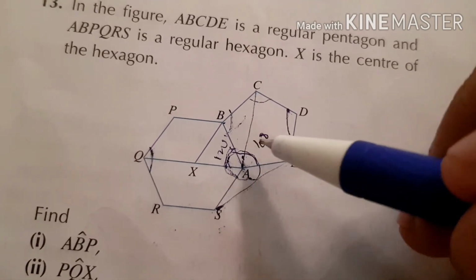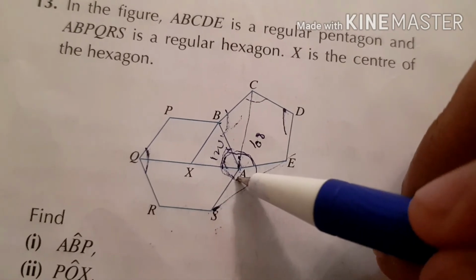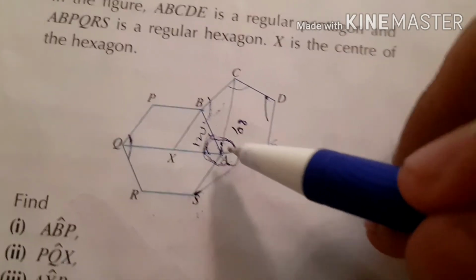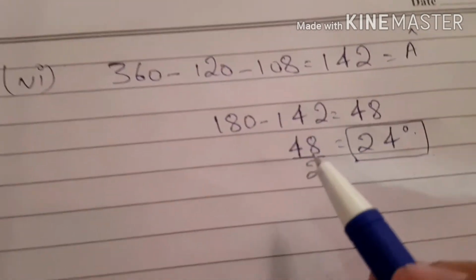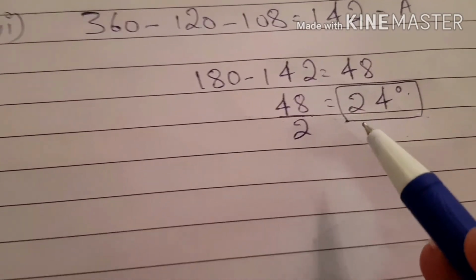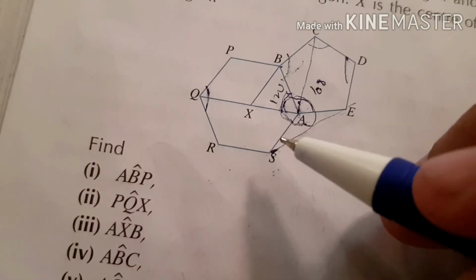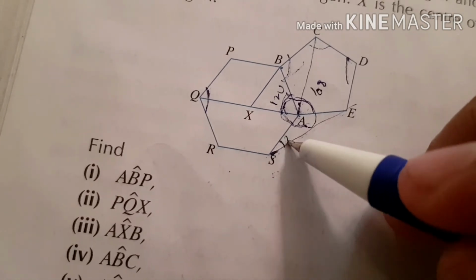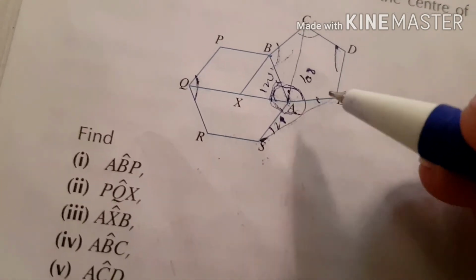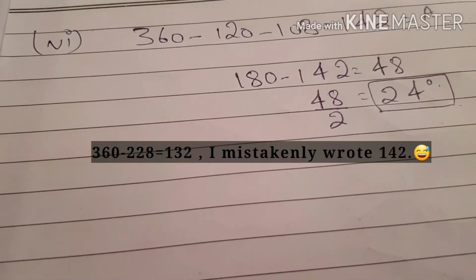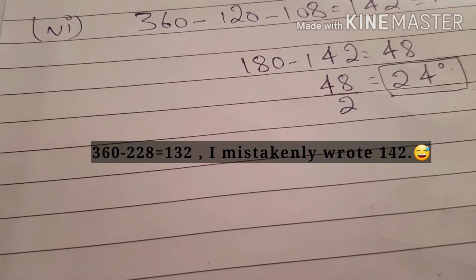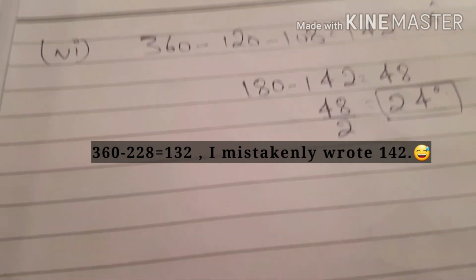If we add these two and subtract from 360, we will get this 142. Then 180 minus 142 divided by 2 will give you 24, which will be the value of ASE. This will also be equal to 24, and same is the case with the other angle. So this is how we find out the value of unknown angles when a regular pentagon and hexagon are merged together. Thank you.